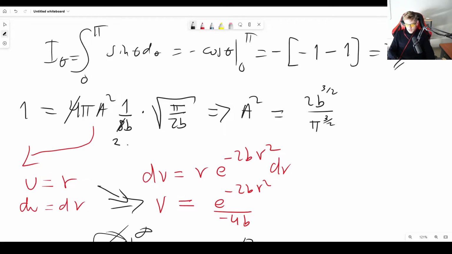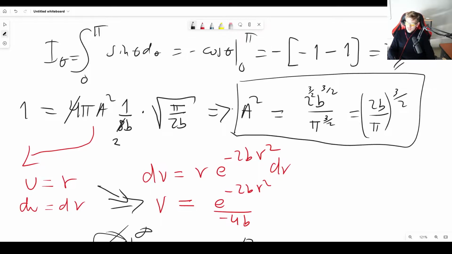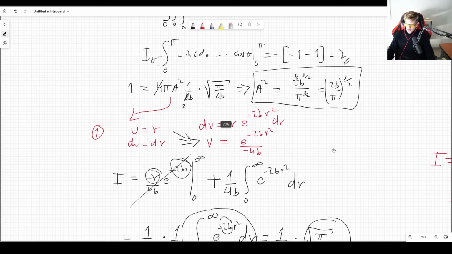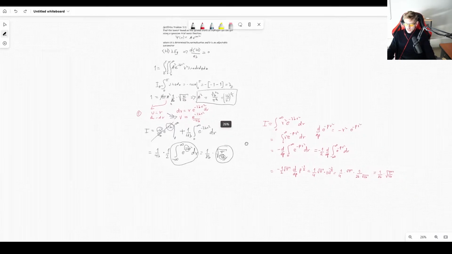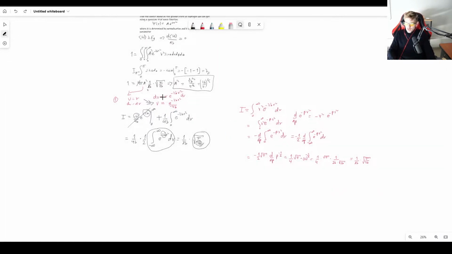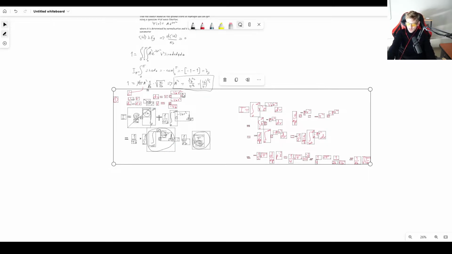No. And 2 is also to the 3/2. Okay, so we have 2b over pi, all of this to the 3/2. And this is what a squared is. Of course, you could take a as well, which would be the square root of that. But we will always encounter a squared and not a. So, I mean, there's really no point in finding a over a squared. Okay, so let's get rid of all of that.